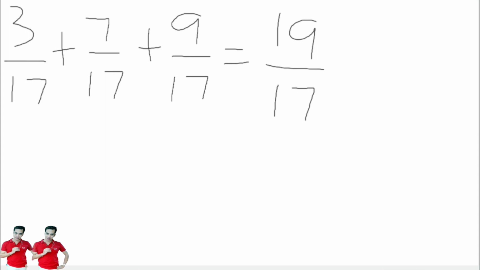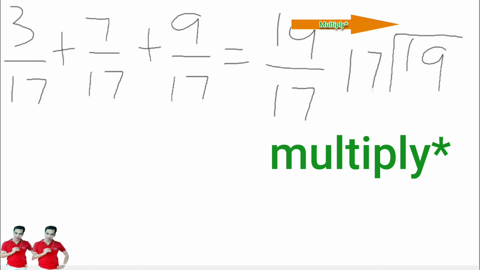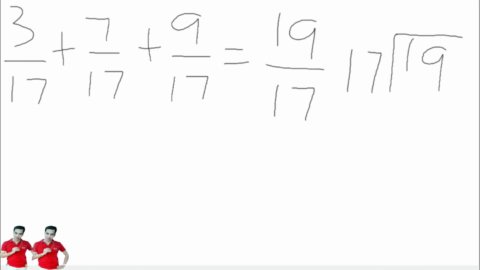So yung 19 po, nasa loob, then divide yung 17 nasa labas. Next, 19 divided by 17, the answer is 1. Then, we are going 1 times 17 equals 17. Then you are going to subtract 19 minus 17. The answer is 2.